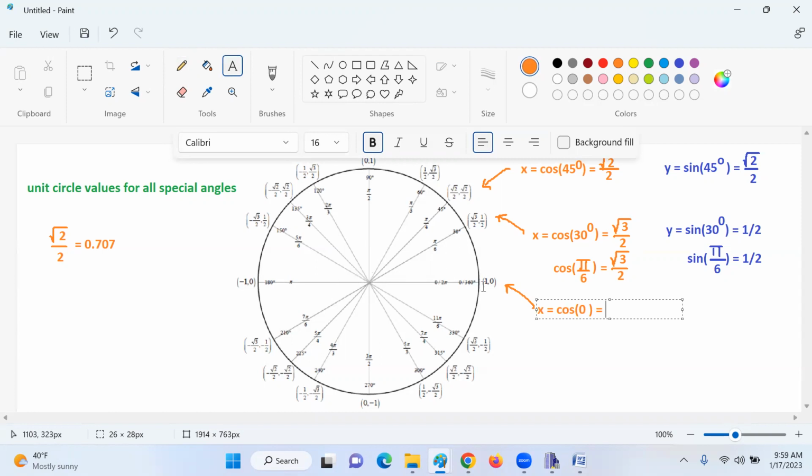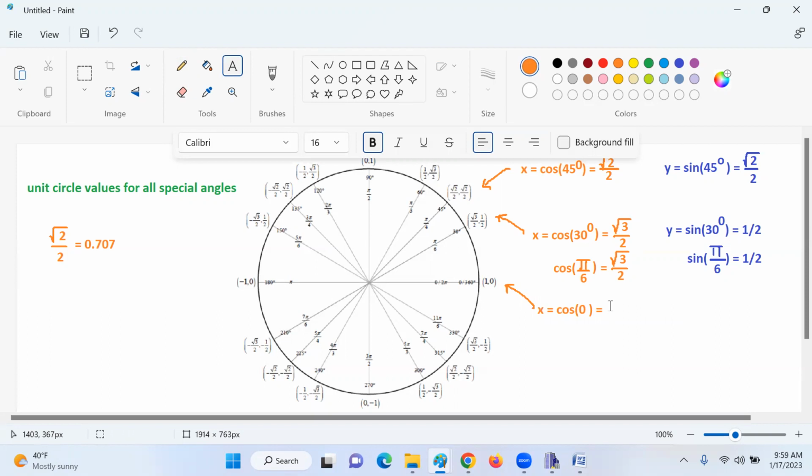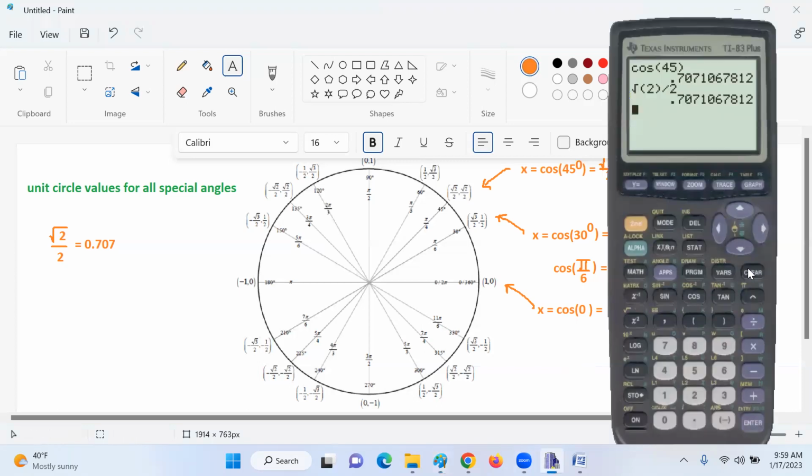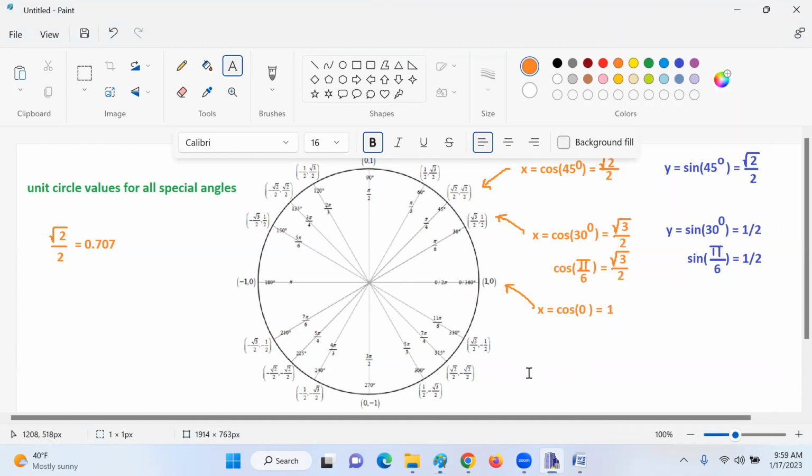The terminal side is going to be the same as the initial side, and that gives you exactly the x value, right? So the cosine of 0 degrees is literally 1. You can use a calculator to figure it out if you want to, but it makes sense that we only have the x value without the y value. So the cosine of 0 degrees is 1, right?